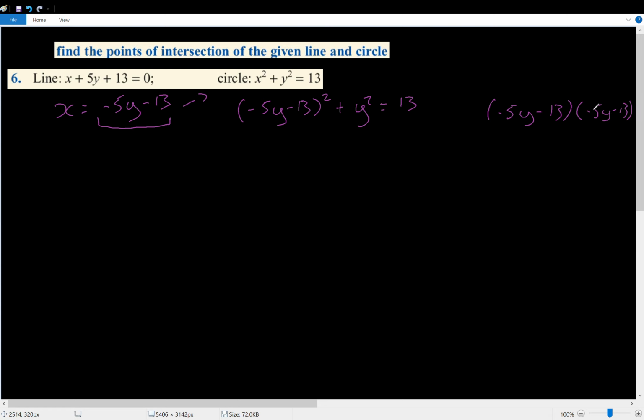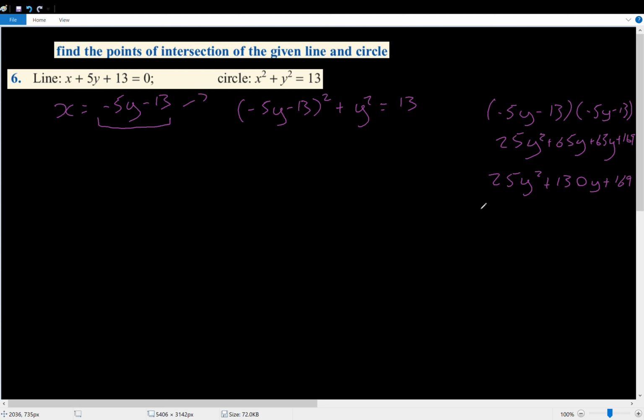So you go minus 5y by minus 5y is 25y squared, and minus 5y by minus 13 is plus 65y, minus 13 by minus 5y is plus 65y, and minus 13 by minus 13 is plus 169. And then we add them all up, and we get 25y squared plus 130y plus 169, like that.